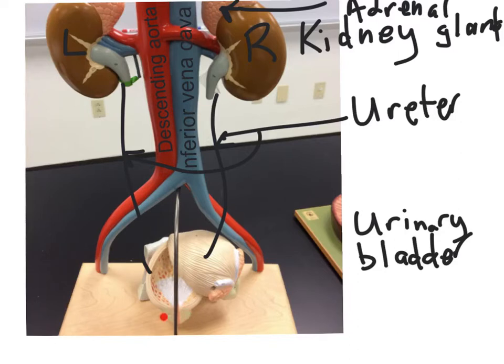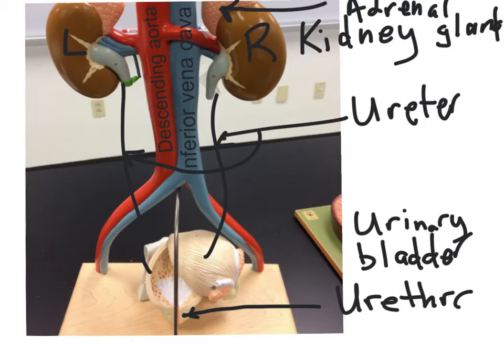If you can see right there, there's that little peach colored tube, and that represents the urethra. The urethra is what transports urine out of the urinary bladder to the external environment.